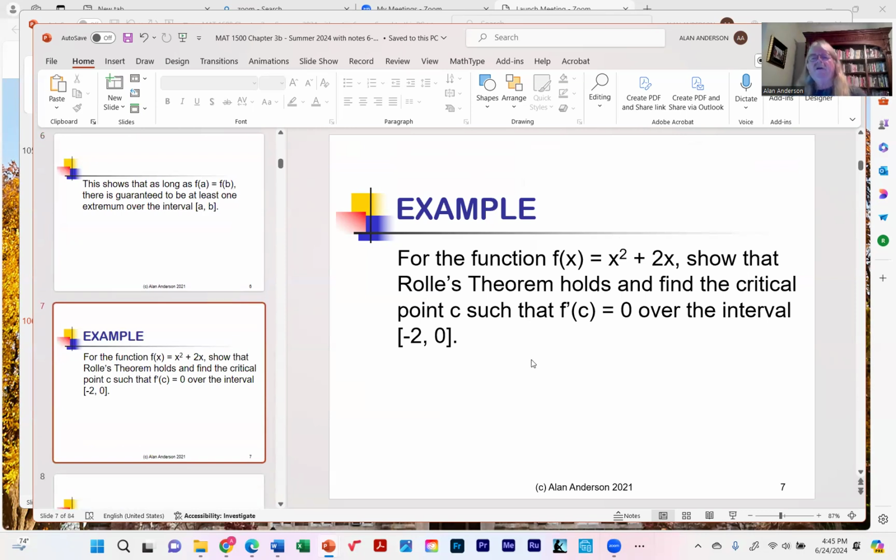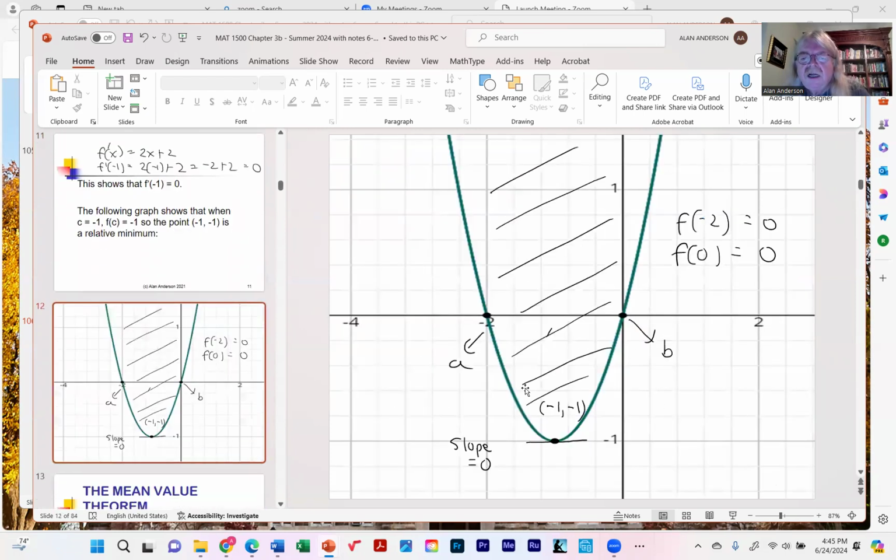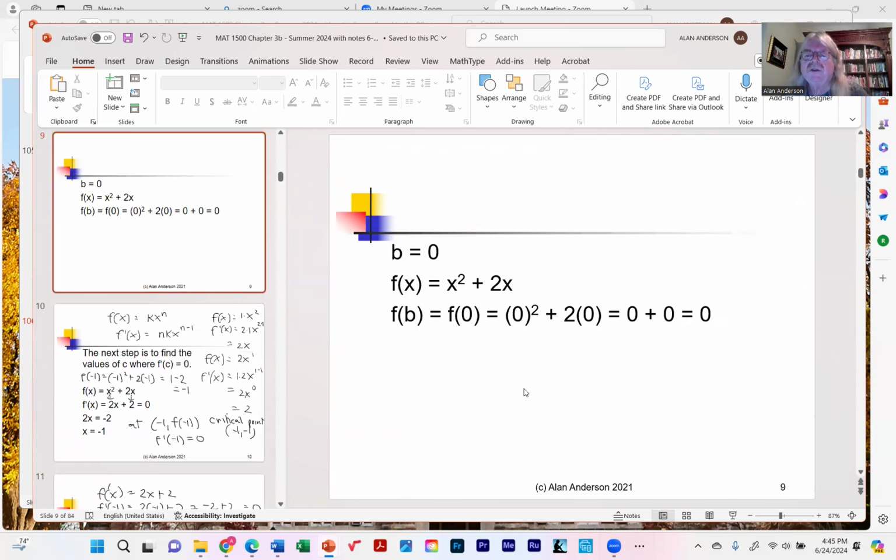So let's say we have this one. Now, x squared plus 2x, I think, yes, this is it. And we're going to only be looking at the interval from -2 to 0.